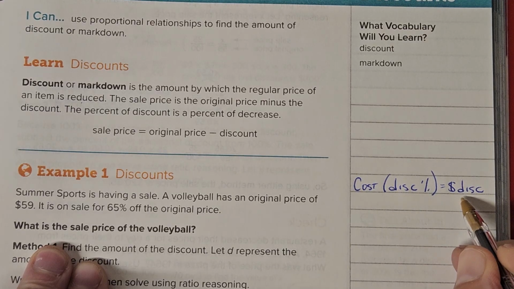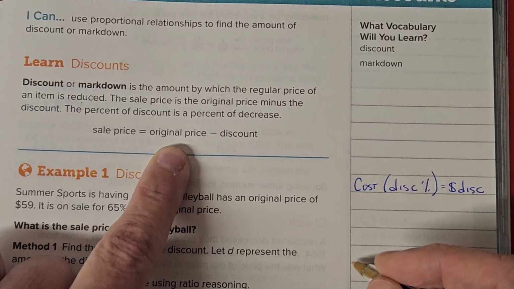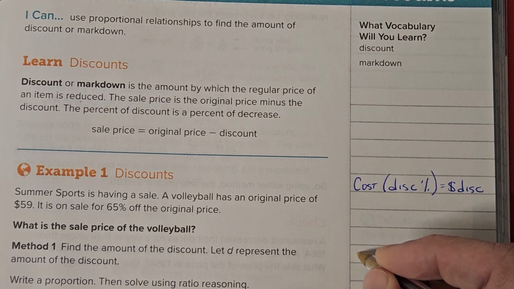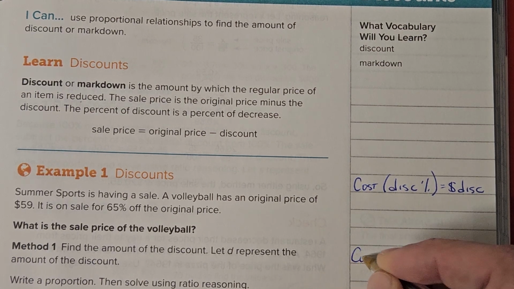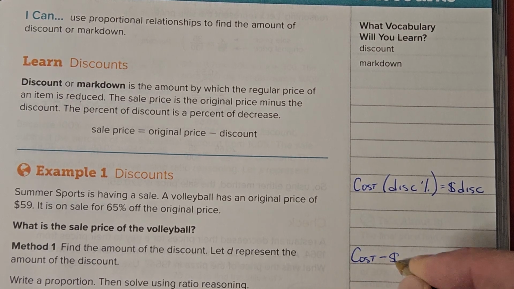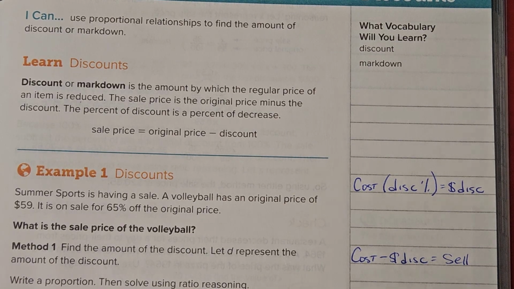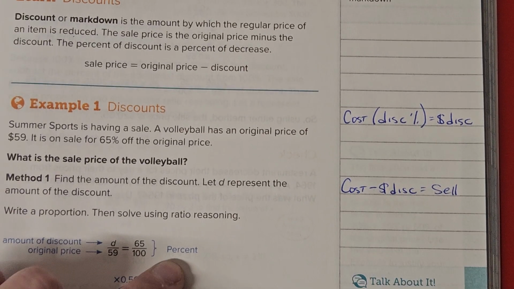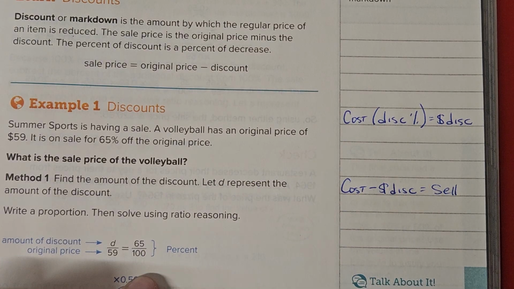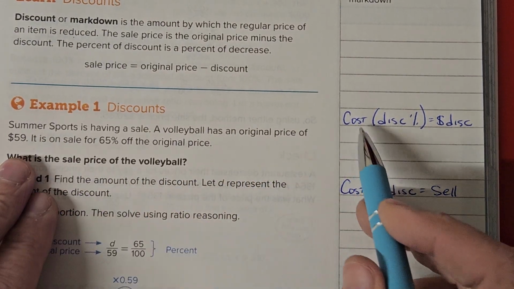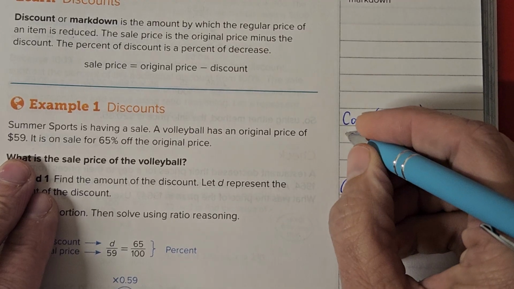Once we know the money discount, then we can do what they ask us to do up here, which is the cost minus the money discount will equal the selling price. Okay, so now we can substitute what we know. The volleyball's original price is $59.